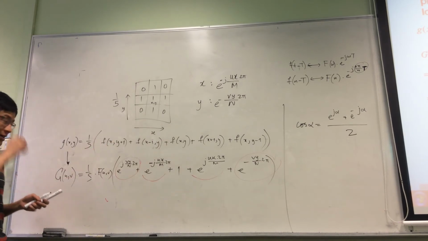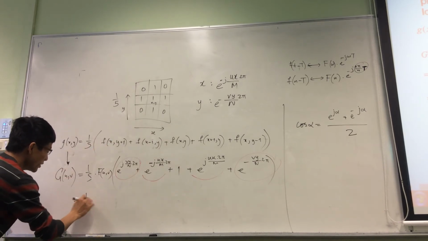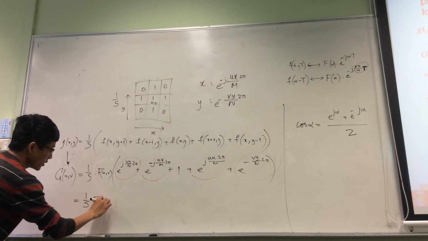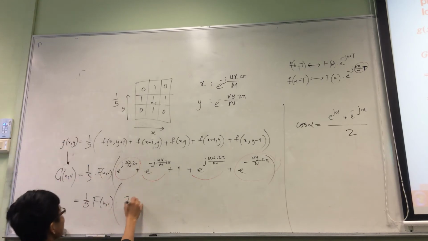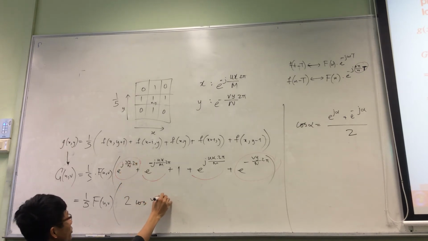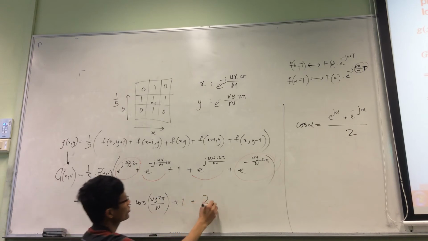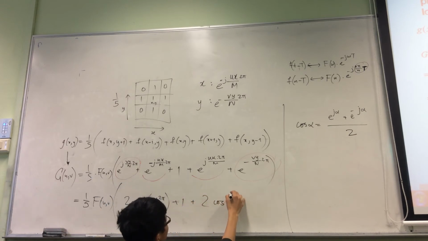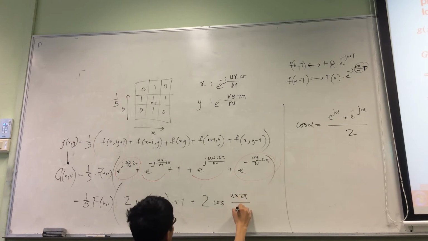So it's 2 cosine actually. This gives you 1 over 5 f of u v times 2 cosine of vy 2 pi over n plus 1 plus 2 cosine of ux 2 pi over m.